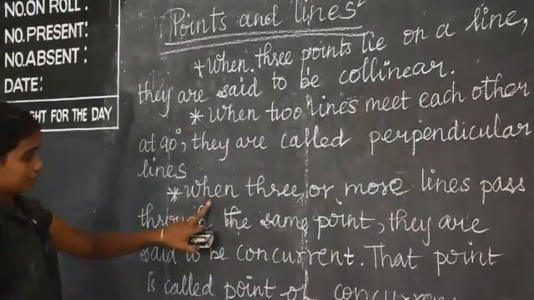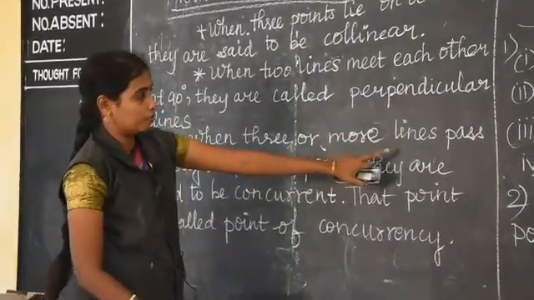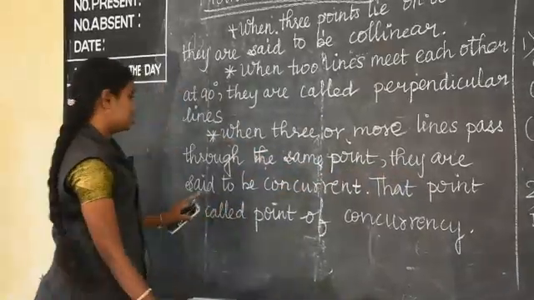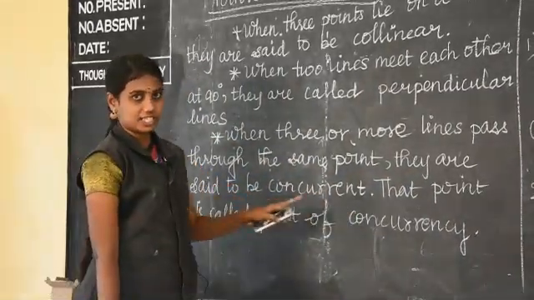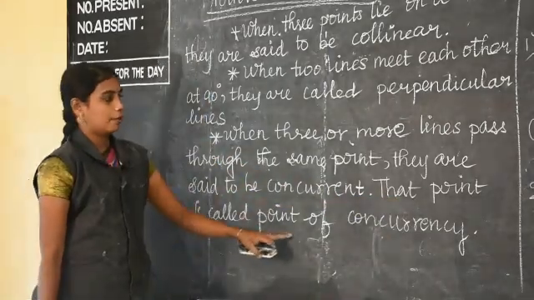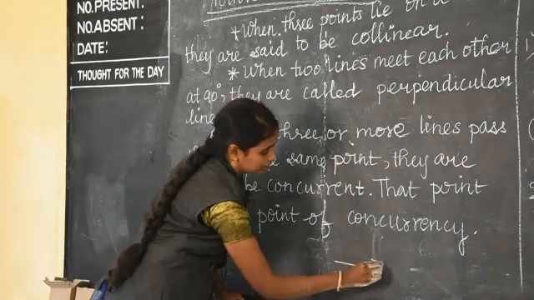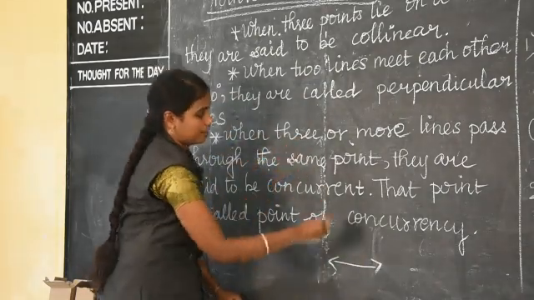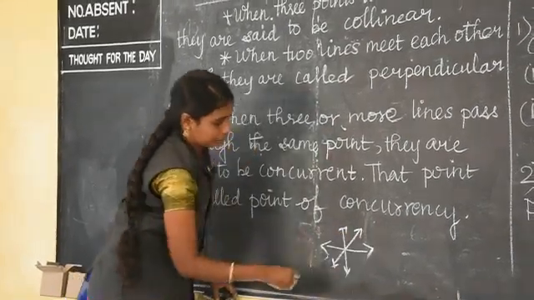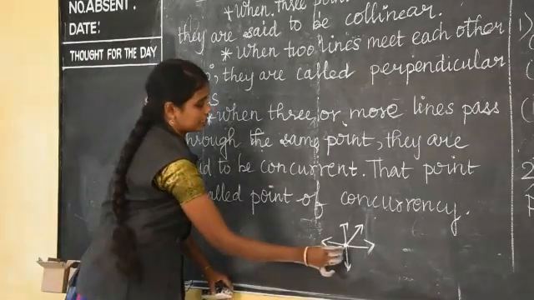Now next, third point: when three or more lines pass through the same point, they are said to be concurrent. What is that? Concurrent. That point is called point of concurrency. When three or more lines are given and the three lines go through this point, it is called concurrency. These three lines are called concurrent.